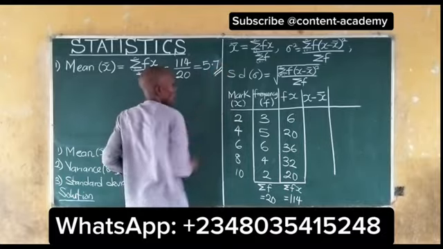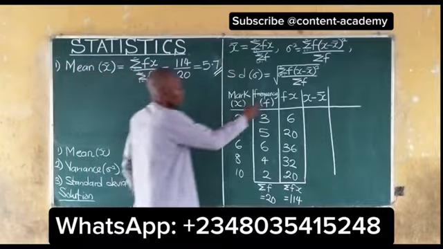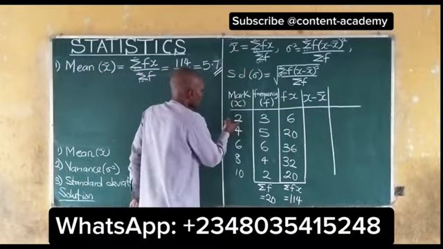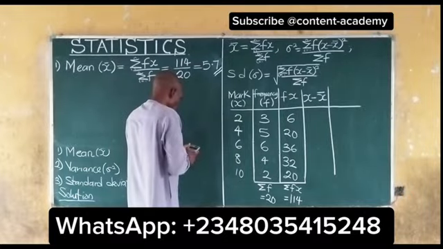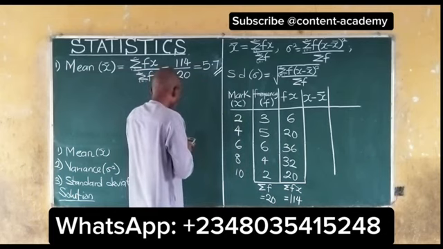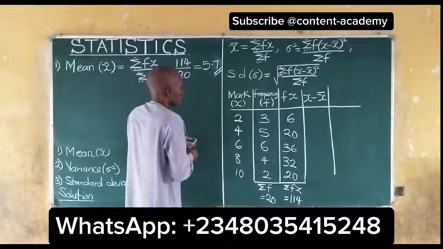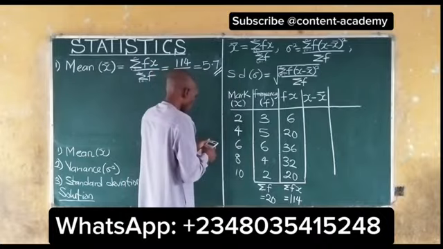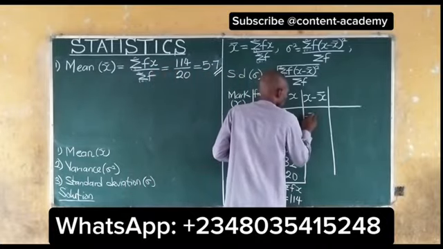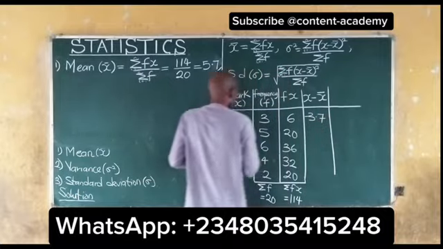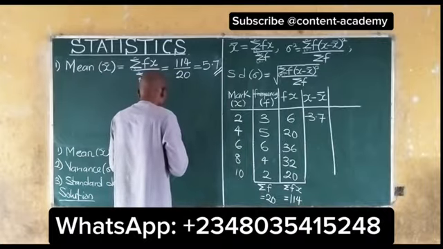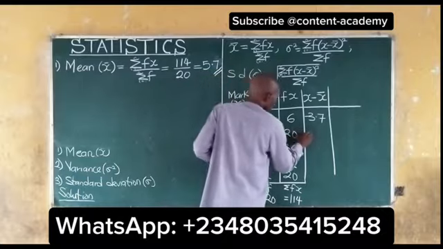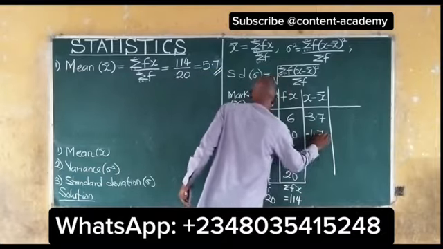5.7 becomes our mean. So to get x minus x bar, we now subtract the mean from the individual values of x. So 2 minus 5.7, we have negative 3.7. 4 minus 5.7, we have negative 1.7.